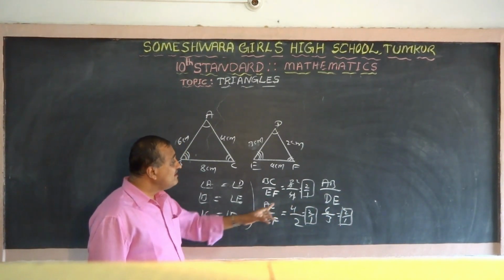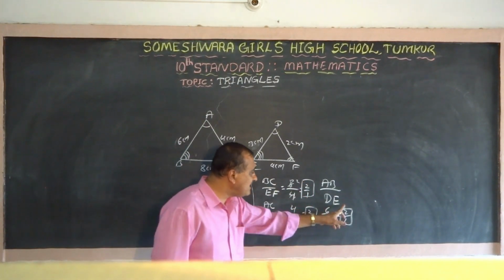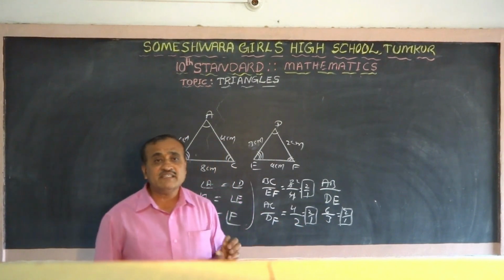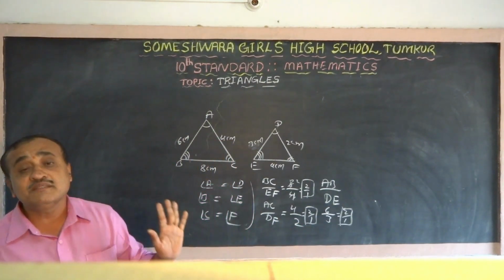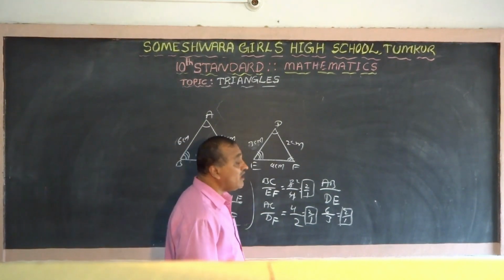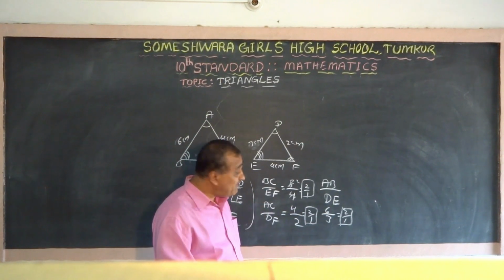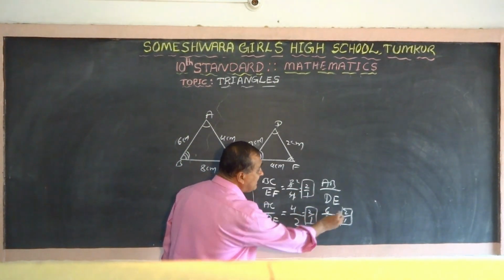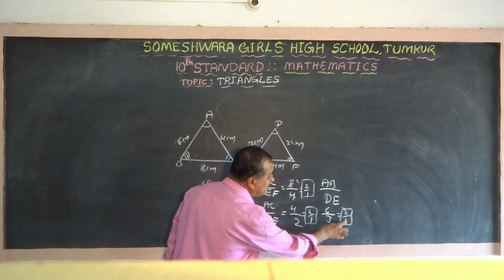Now you see, the ratio of the corresponding sides of the similar triangles is always constant. Ready? 2 by 1, 2 by 1, 2 by 1.